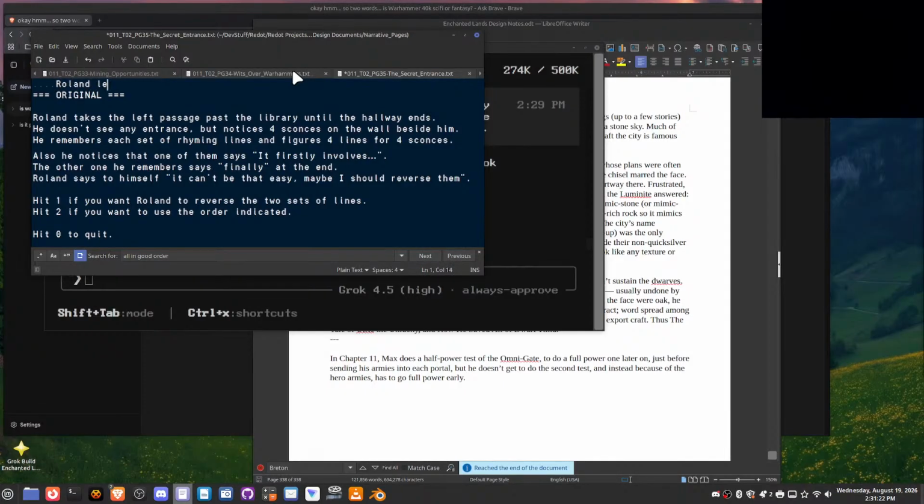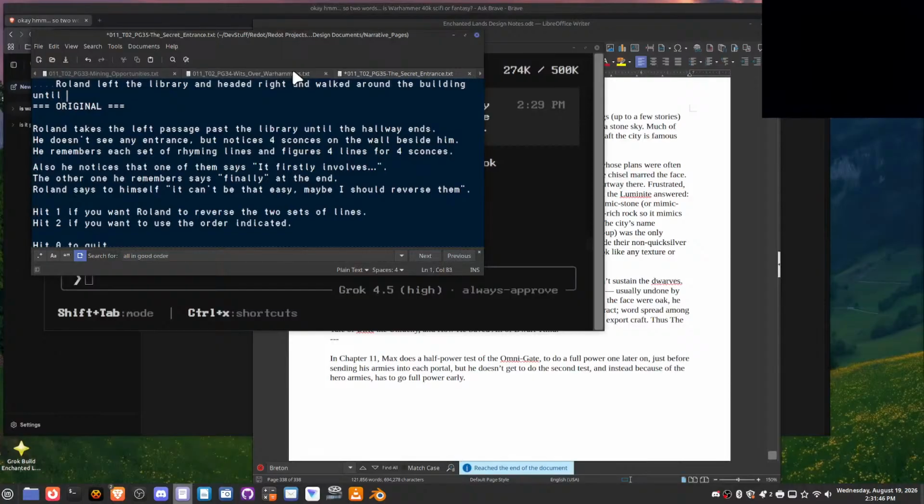Roland left the library and headed right and walked around the building until he was traveling down the left passage.